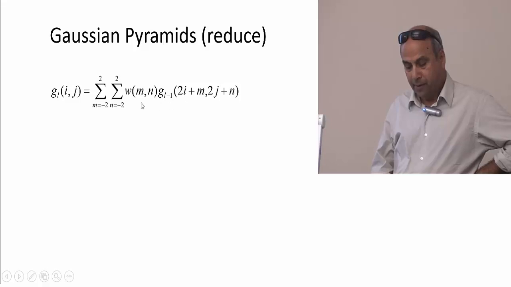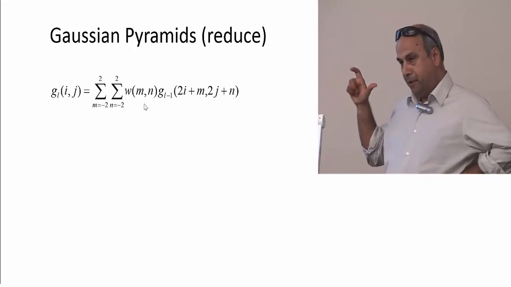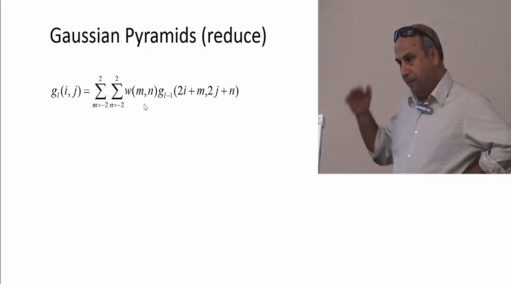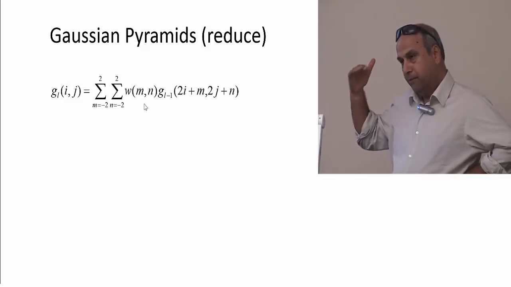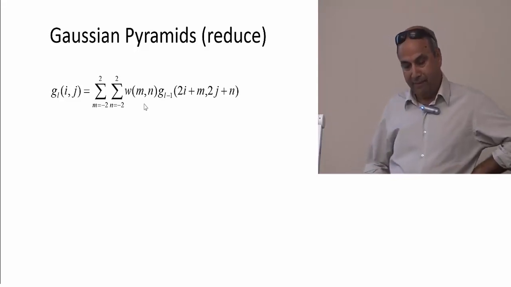We take the values, multiply with the mask, which is a two-dimensional mask, and we get the result at pixel ij. We look at a small neighborhood around ij and then apply these weights. This is a 5x5 window, because as you see the loop is from -2 to 2, so -2, -1, 0, 1, 2 in the x and y direction, or m and n direction.